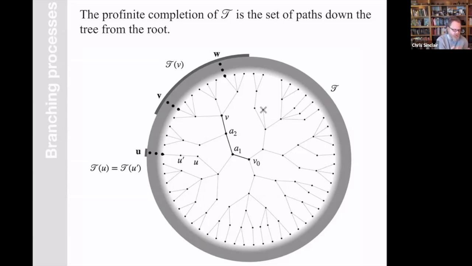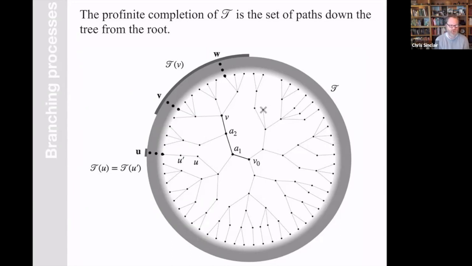But the rule here is that I want the number of children that each node has to be random, but independent and identically distributed to Q. So basically the rule for the randomness is the same for every node. Okay? And I make an infinite tree in this way. In all interesting cases, we would have that the expected number of children for any particular adult is finite.